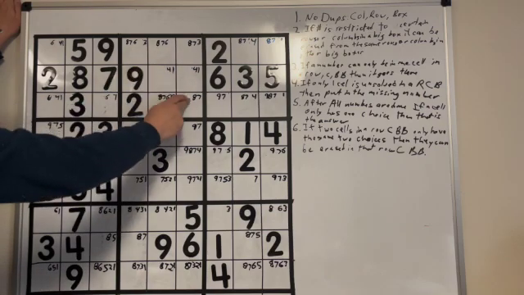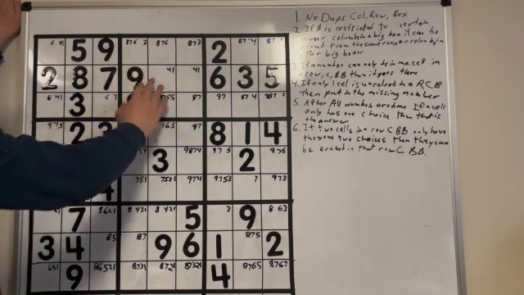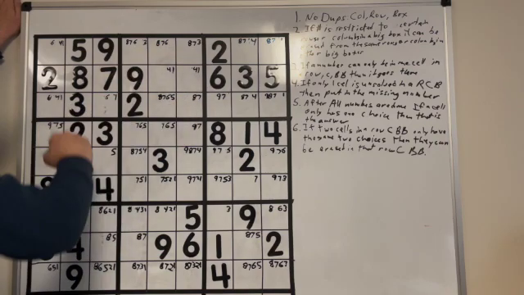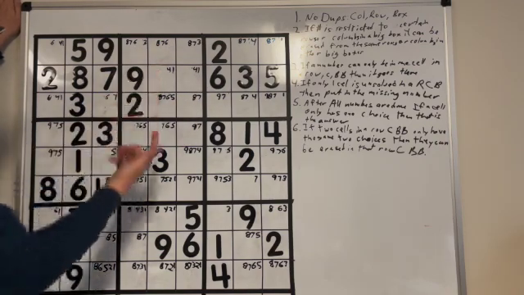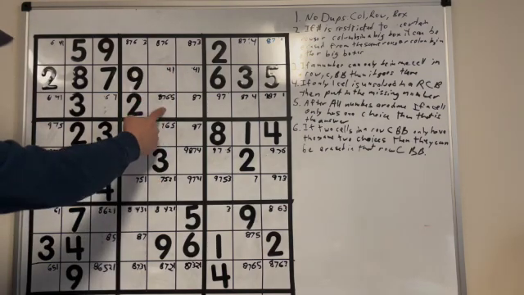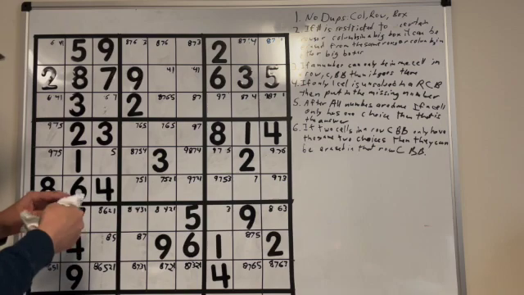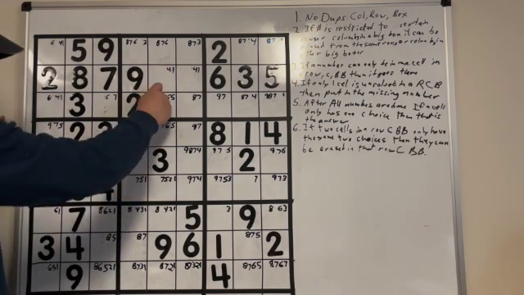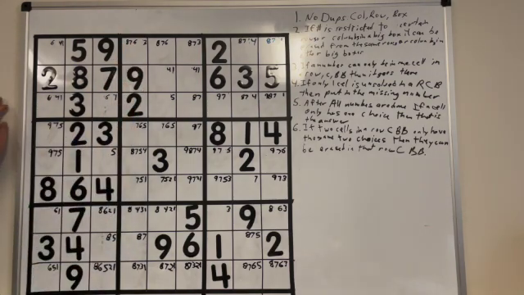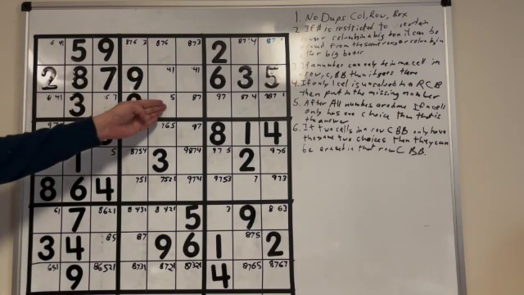This means within this big box, we can erase the 8763s from every other cell. There's no 8763s to get rid of here. There's no 8763s to get rid of here. But here, 8765, we can get rid of these 876s. And that just leaves a 5.